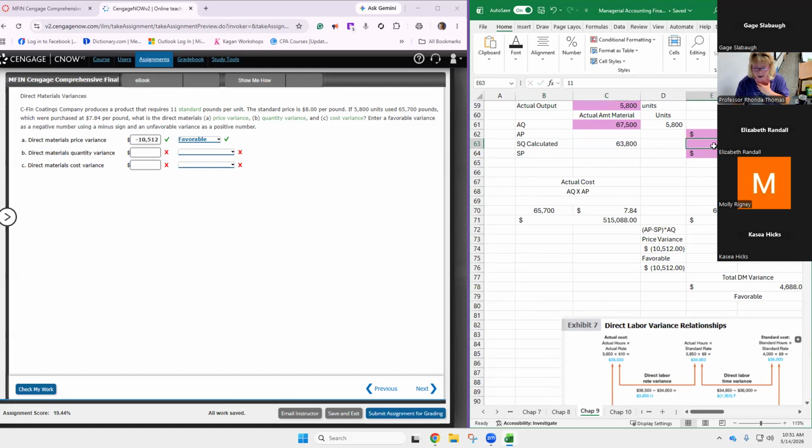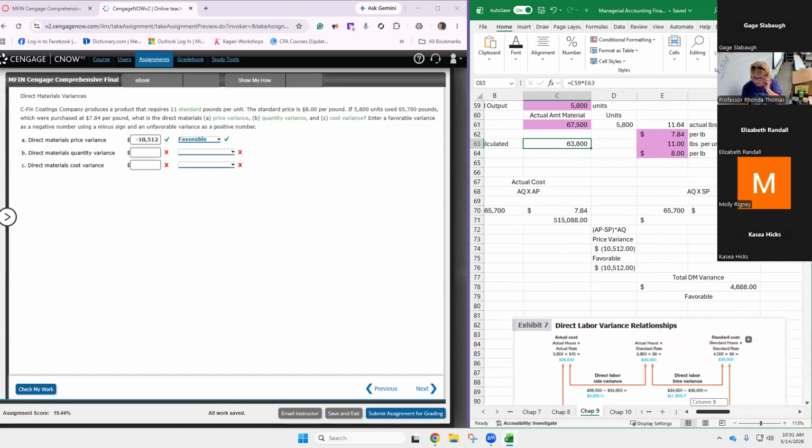Because if you just put 11 pounds in compared to 67,500, that's not comparing the right volume, okay? This is just one unit, but this is 5,800 units. But the actual quantity that we used was 67,500, I believe, right?